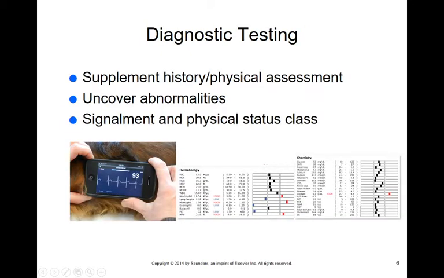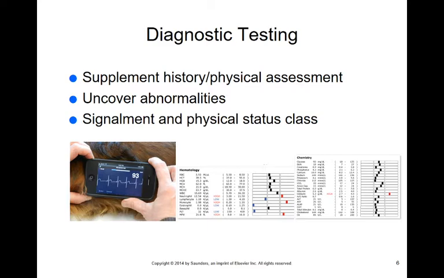Diagnostic testing is excellent to do prior to doing anesthesia. The more information that you have about this animal, the better able you are to support it during anesthesia. So we want to do some blood work. We want to do a CBC, or hematology, looking at the blood cells. We want to do a chemistry, to take a look at what's going on within the body.